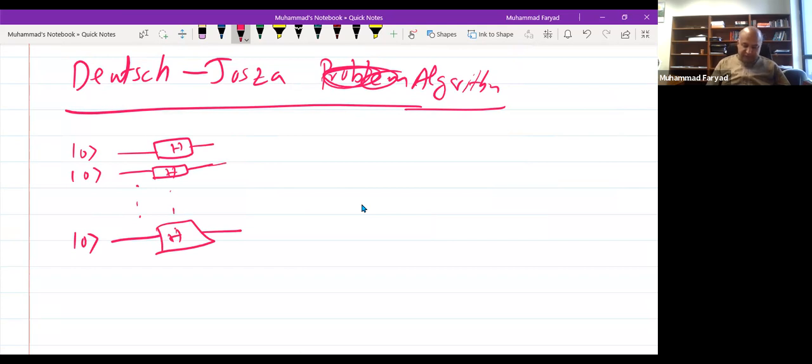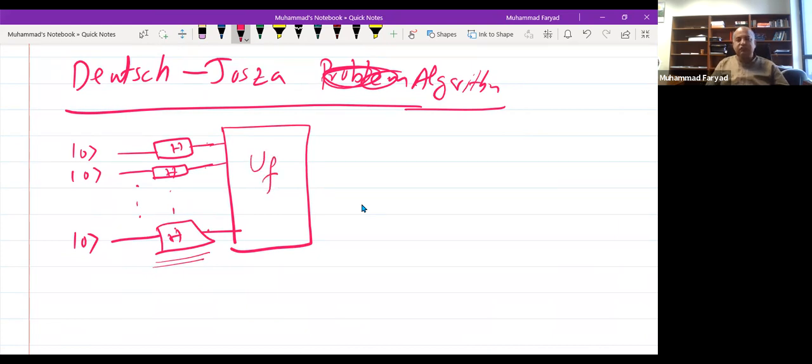Then we give the output of these Hadamard gates, which we also call the Hadamard transform, to a phase oracle, and I will soon discuss what this phase oracle is. And then the output of this phase oracle is processed again, and we apply a Hadamard transform to this output again, which is nothing but an individual Hadamard gate on each qubit.